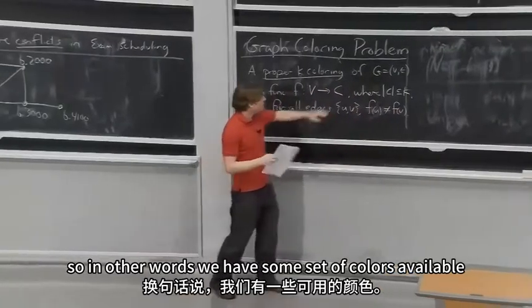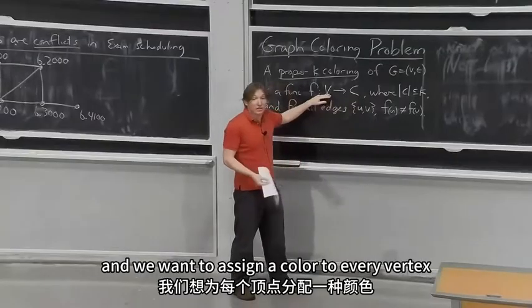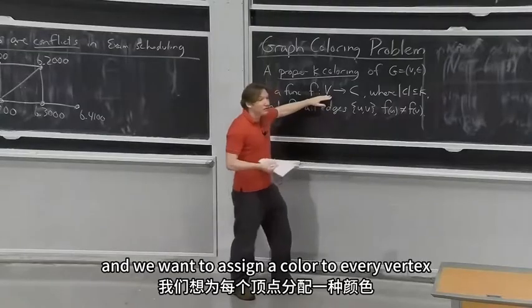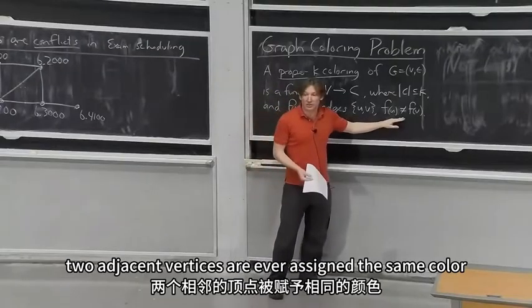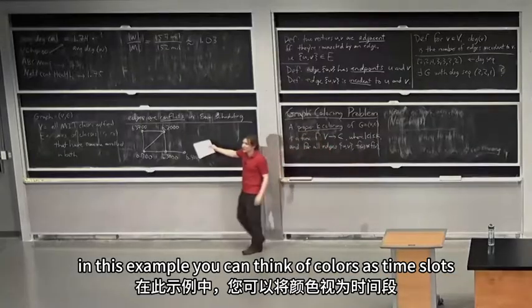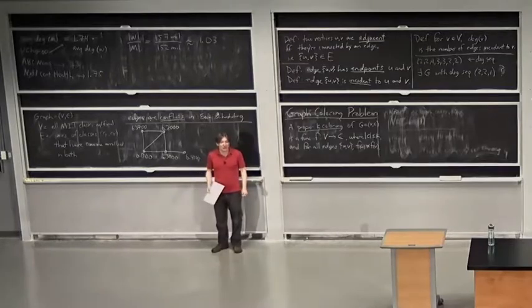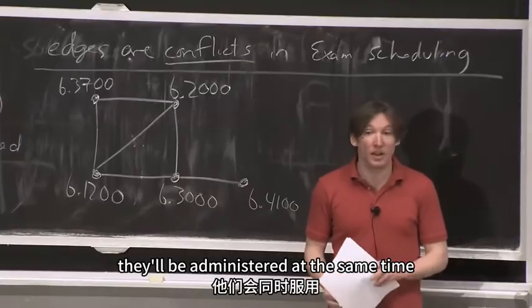So in other words, we have some set of colors available, and we want to assign a color to every vertex so that no 2 adjacent vertices are ever assigned the same color. In this example, you can think of colors as time slots for final exams. If 2 vertices are given the same color, that means that they'll be administered at the same time.